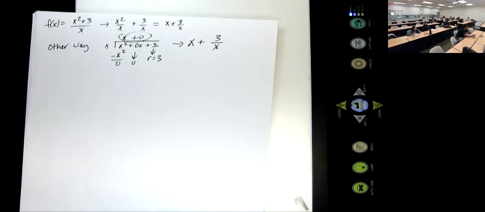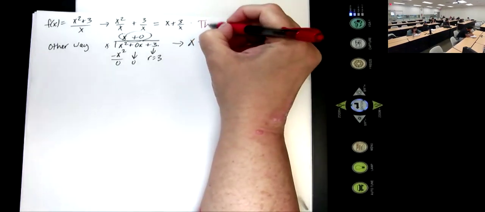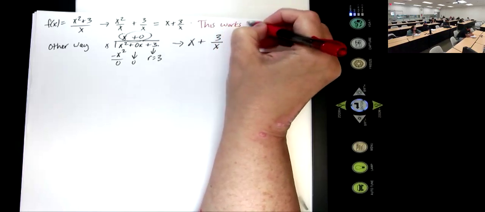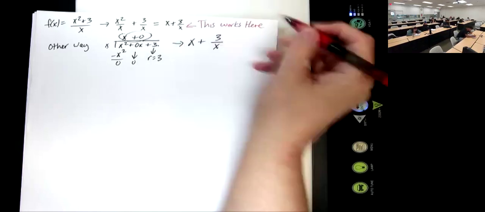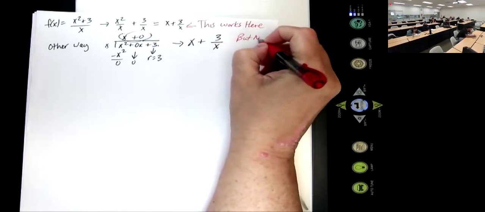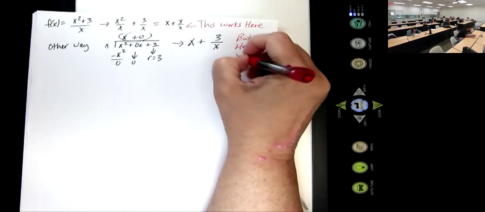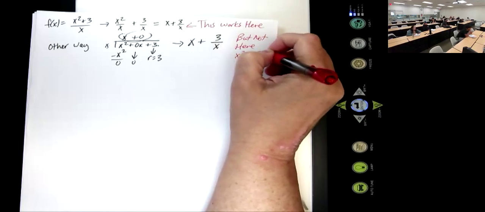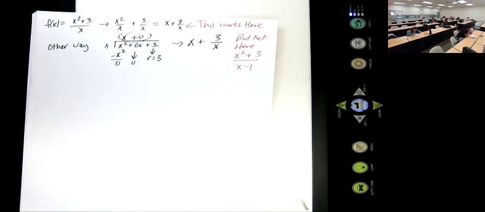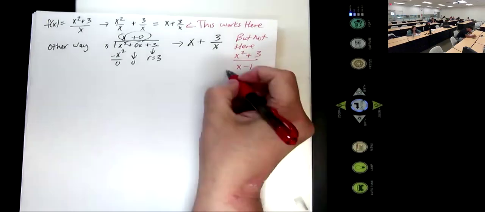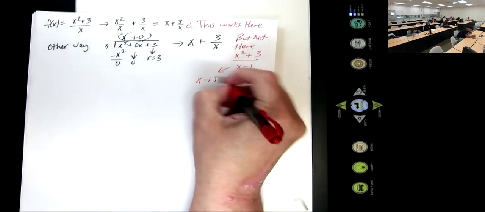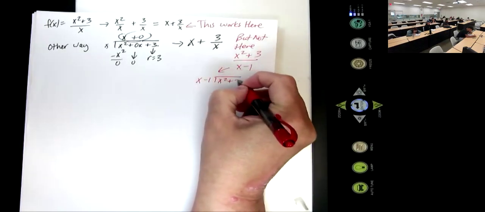The reason why I pointed this out is because this works here, but not here. Does that make sense? It's not as helpful. Here, we actually have to do the long division to find out what it is.